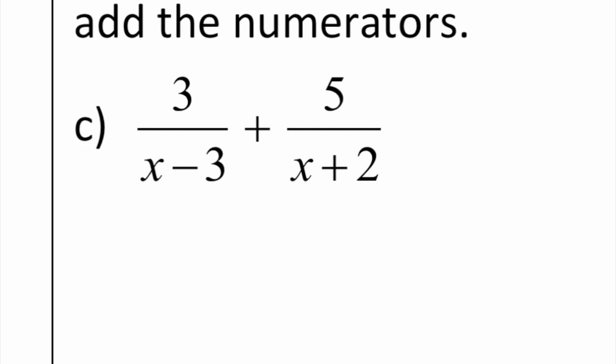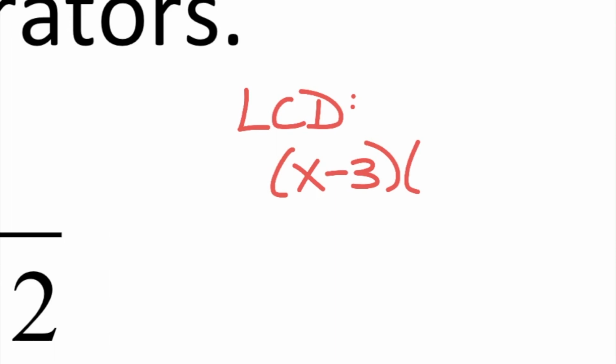If neither one of them is a factor of the other, or neither of them has a common factor, then you just multiply them by each other. And when you look at your answer keys, if you get answer keys from me, what I do is I write out the least common denominator as x minus 3 times x plus 2.